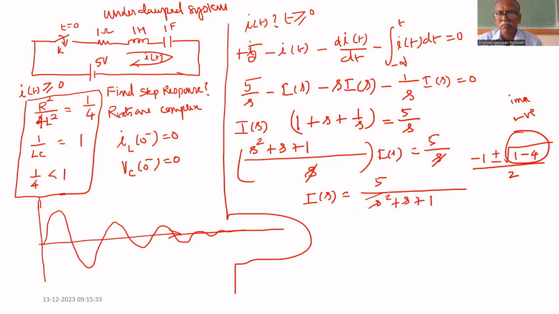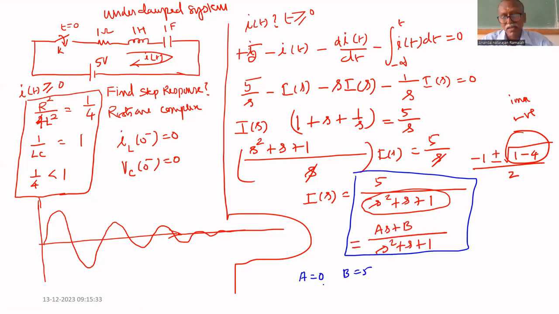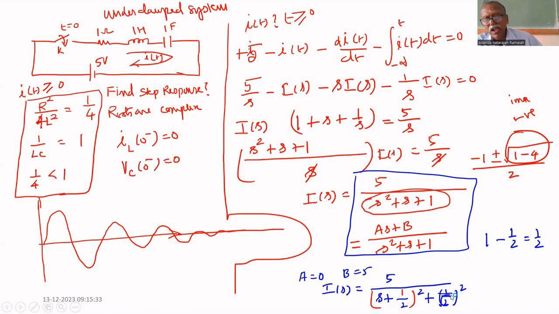Since it is complex conjugate, we have to keep this as such, and we have to find I of s equal to 5 divided by s plus 1 by 2 whole square, plus 1 minus 1 by 4 equal to 3 by 4.